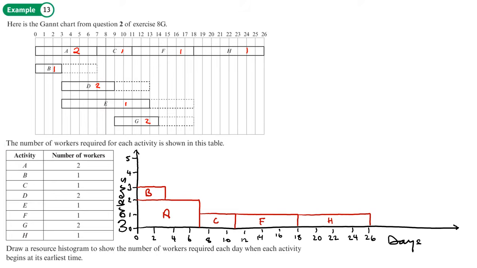So activity D starts when B finishes, which is on 3, like this, 2 workers, and it goes across to 9. So I can go across here like that, and then it's going to drop down 1 square up to 9. So the rest is going to look like this.